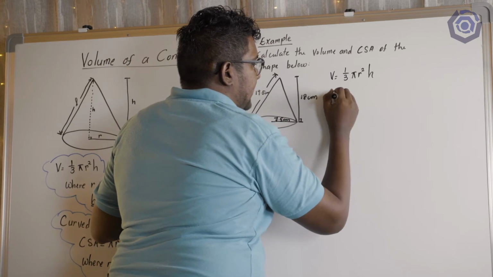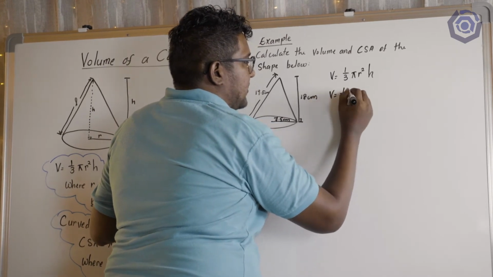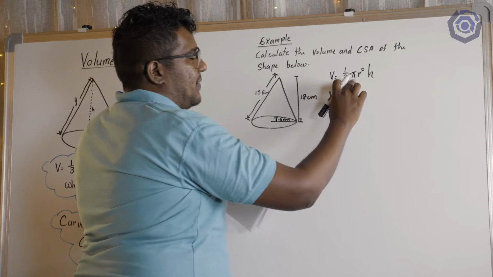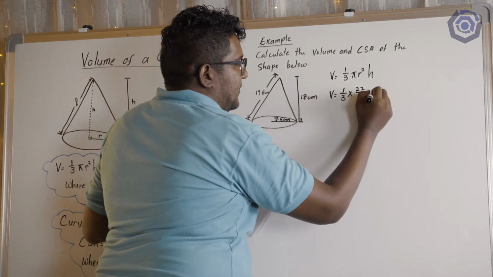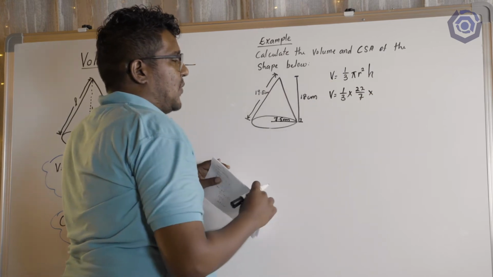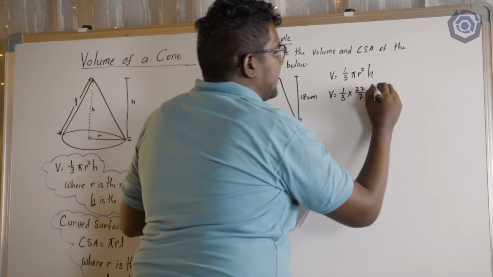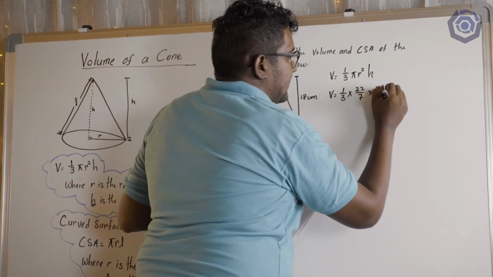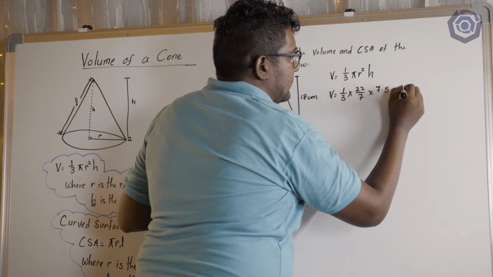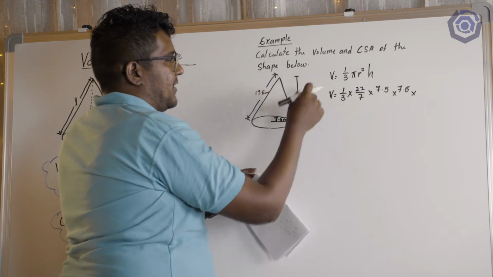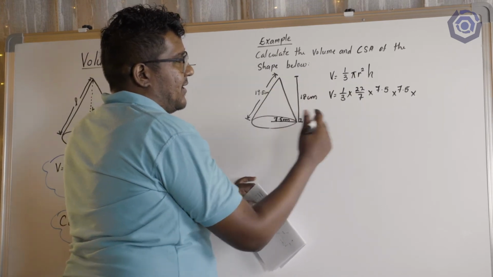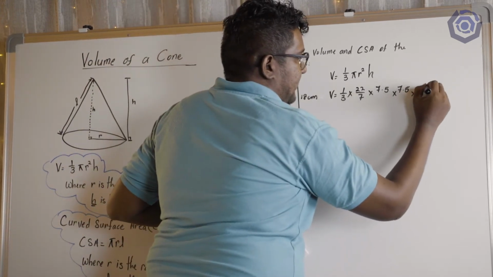So V is equal to 1/3. Remember that pi is 22/7, multiplied by our radius squared. That means it's 7.5 times 7.5, multiplied by h, perpendicular height. That's the one outside here, and that's going to be 18.